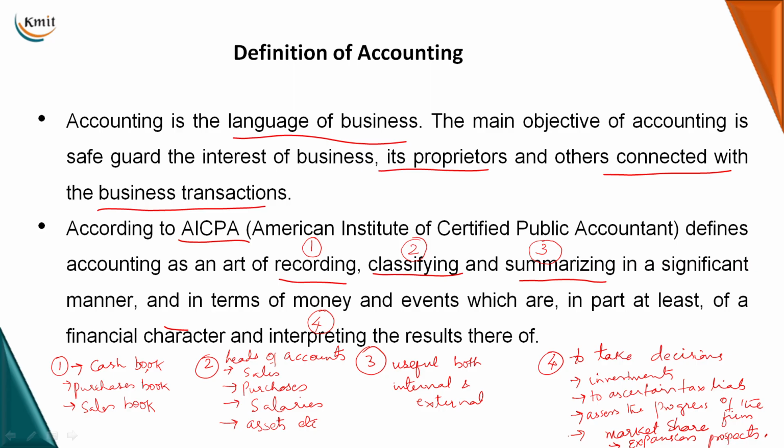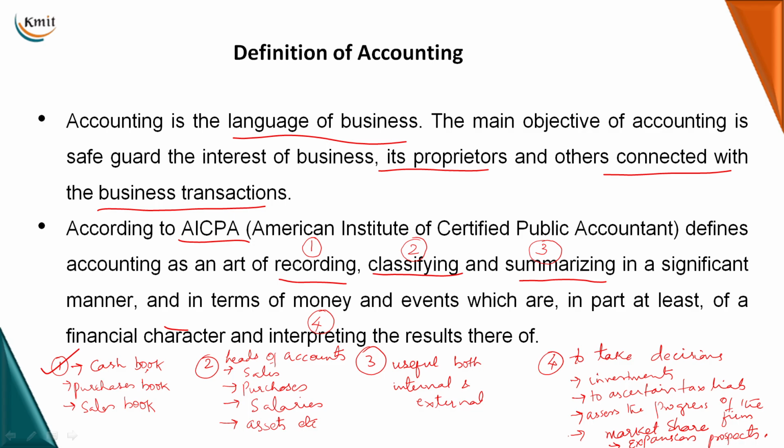So the basic functions of accounting are recording, classifying, summarizing and interpreting of results. The art of recording involves writing the financial transactions immediately after they occur in the accounting books.